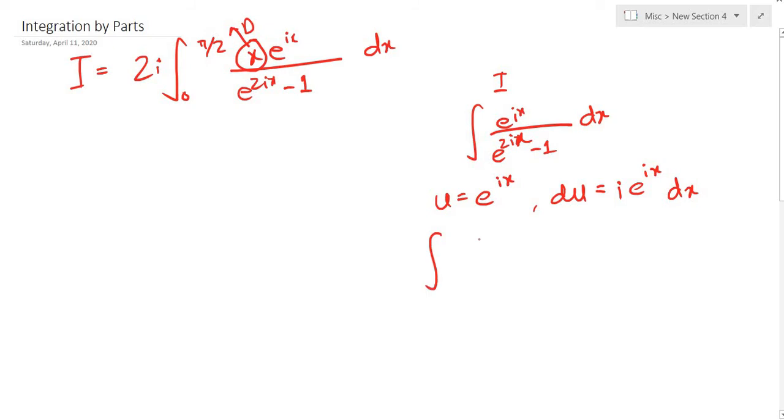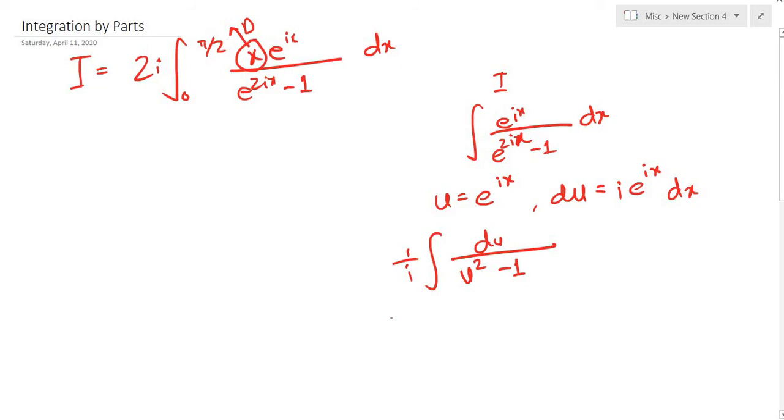So we can actually write our integral now. We have e raised to ix dx on the top, so we have du over i as the numerator. So du, and 1 over i can be written outside, divided by, this is e raised to ix squared, right? e raised to 2ix. So u squared minus 1.